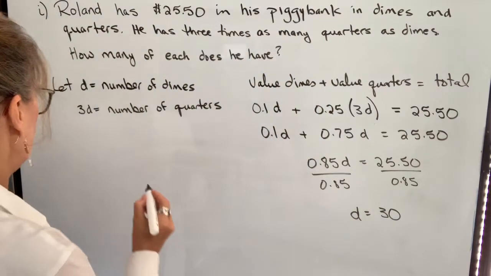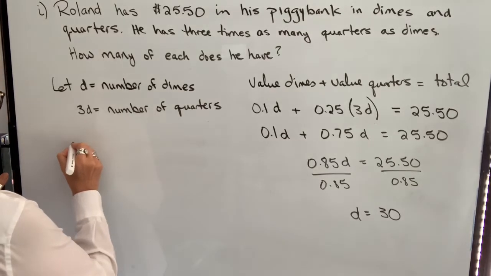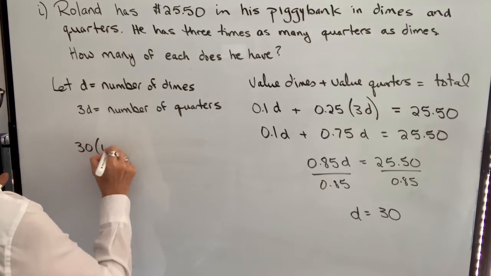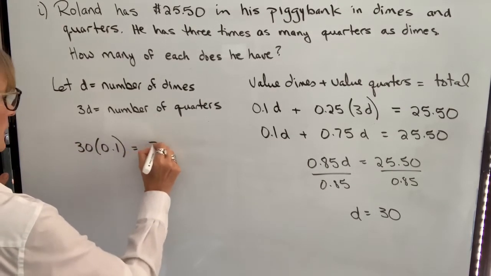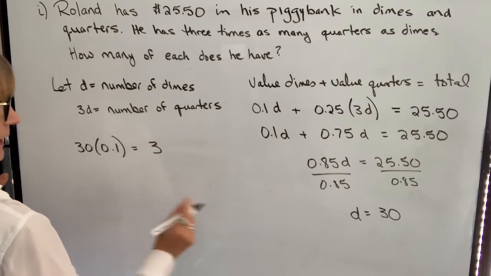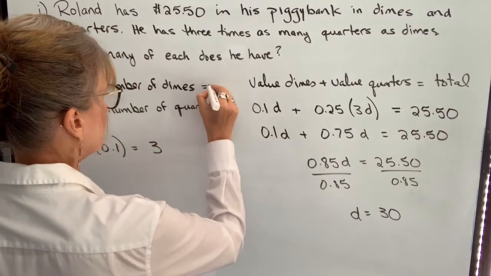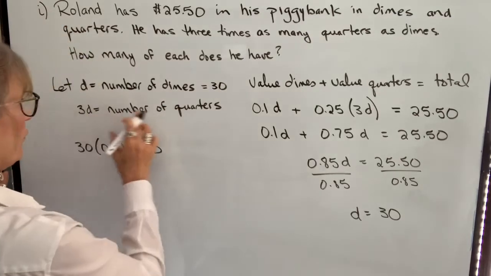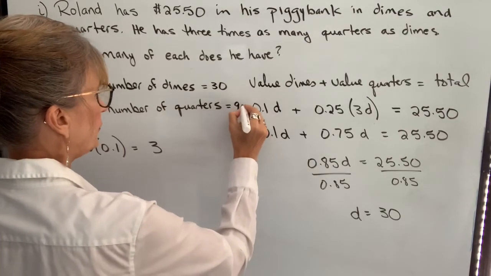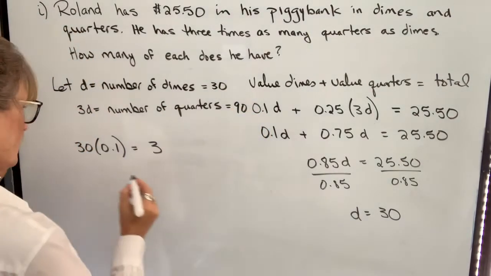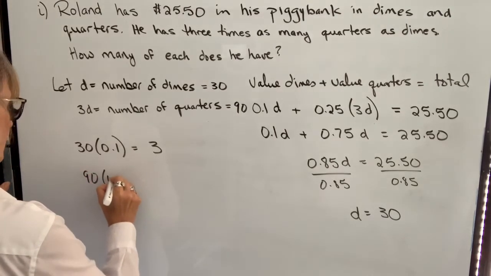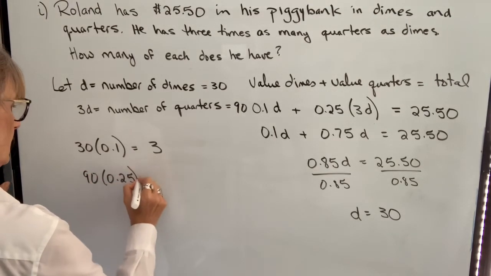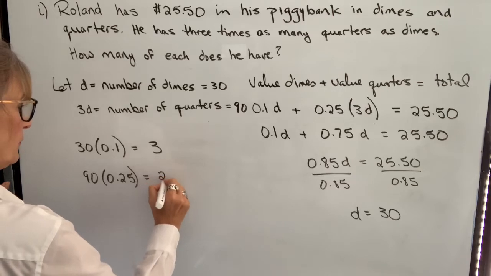Let's check. So if we have 30 dimes, if we multiply the 30 dimes by 0.1, that will be $3. If we have 30 dimes, the number of quarters we would have would be 3 times that amount, which is 90. So let's take 90 quarters and multiply by 0.25, and that will equal 22.50.